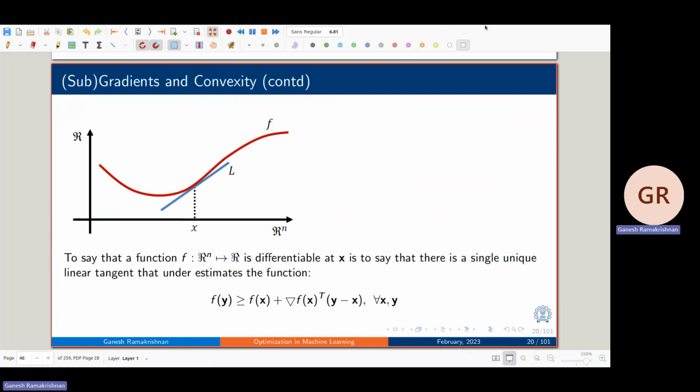Okay. To say that a function f is differentiable, we say there's a single unique linear tangent that underestimates, right? This is what we mean by differentiable. But if the function is not convex, if it's turning upwards again, then you have a problem. It may look like a tangent here, but it's not going to be supporting. It's tangent, obviously, but it's not supporting, right? So supporting holds only when you are convex.